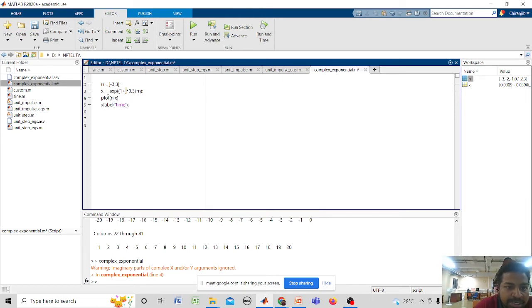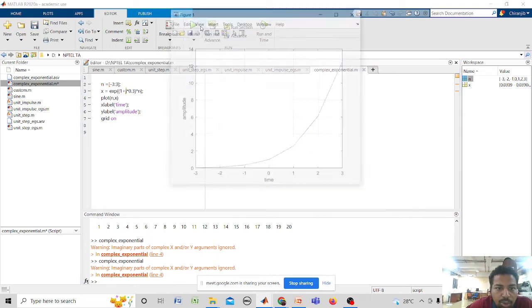And what is ylabel? Ylabel is amplitude. Okay, and let us also turn on the grid for better visualization and run this code.